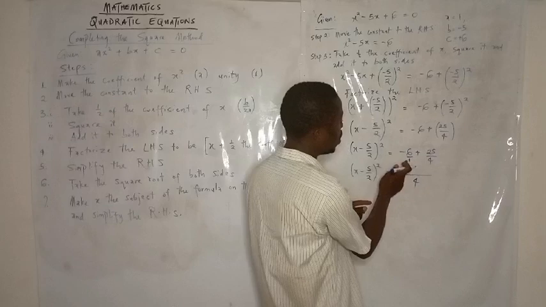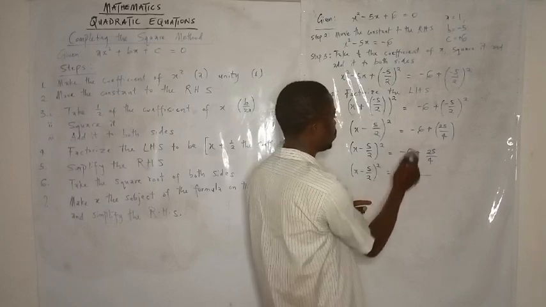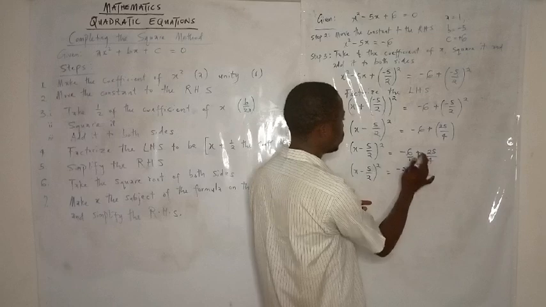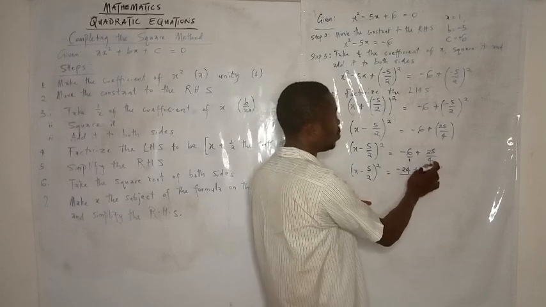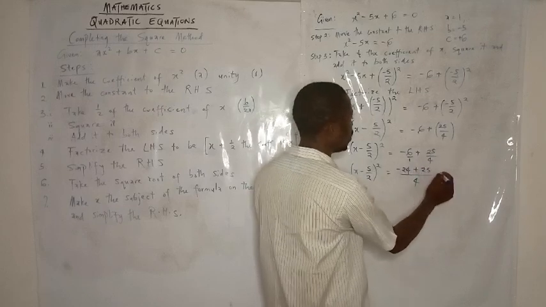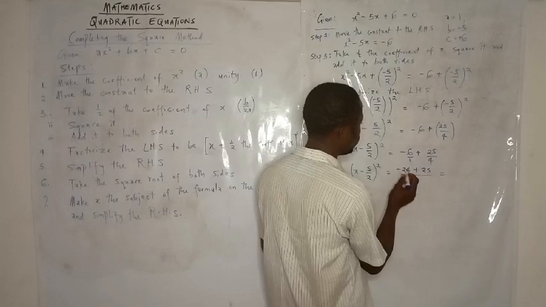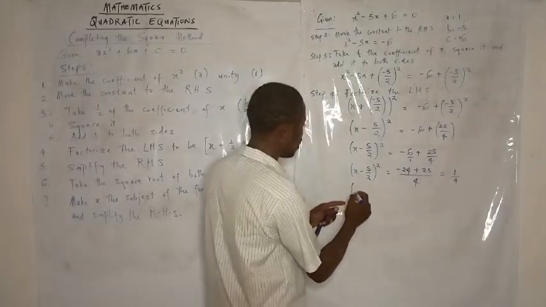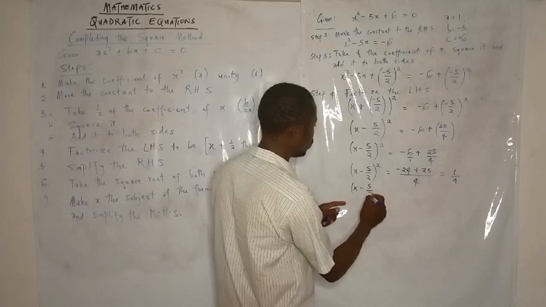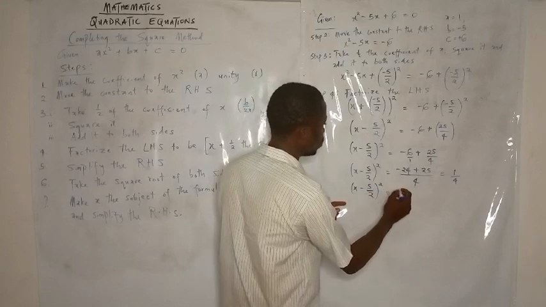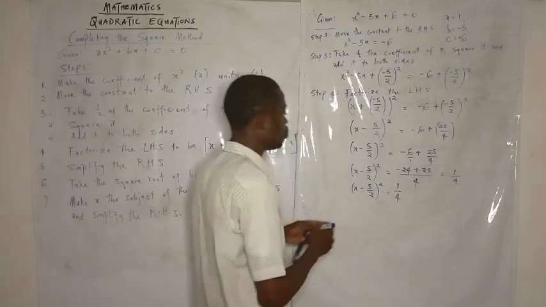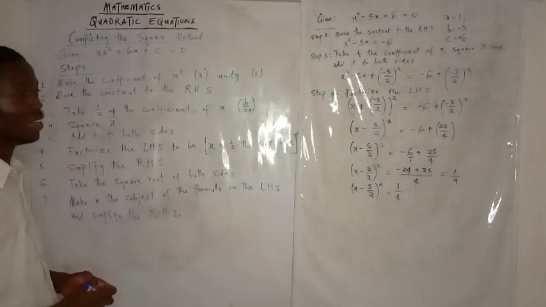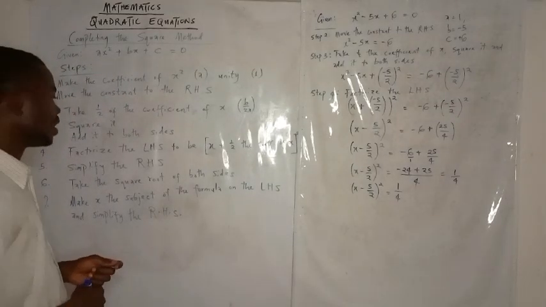So 4 divided by 1 is 4, 4 times minus 6 will be minus 24, plus 4 divided by 4 is 1, 1 times 25 is 25. This will give us minus 24 plus 25 is 1 over 4. So we have x minus 5 over 2 all squared is equal to 1 over 4. With this, we have simplified the right hand side.